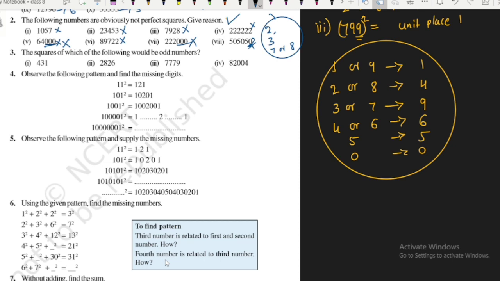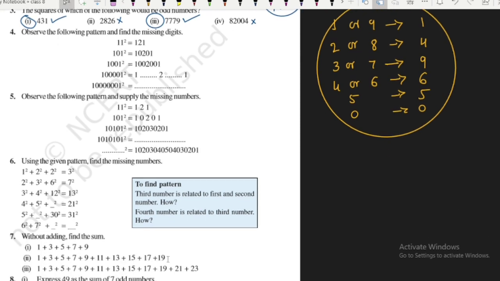So if the number is odd, its square is odd. The square of 431 will be an odd number. The square of 7779 is also an odd number. This one will be an even number.